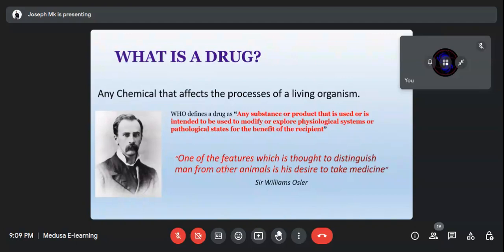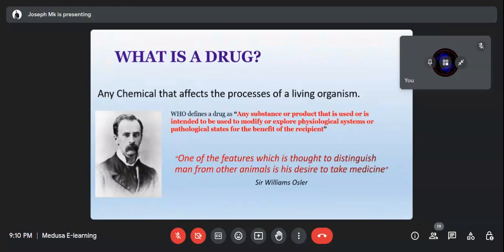Take for instance, you have a headache, so you take paracetamol to relieve that headache. So now this paracetamol is what we are calling a chemical. Paracetamol is a chemical. Once it enters your body, it's going to change one or two things in the mechanism of how your body is, and then it's going to produce either a desirable effect or undesirable effect.